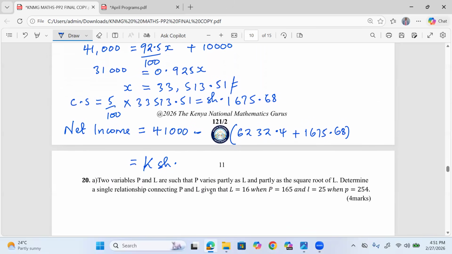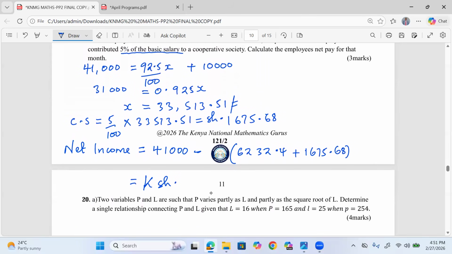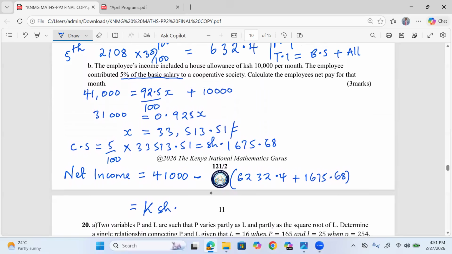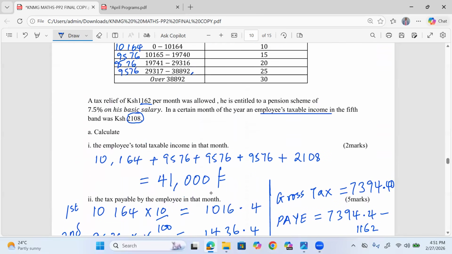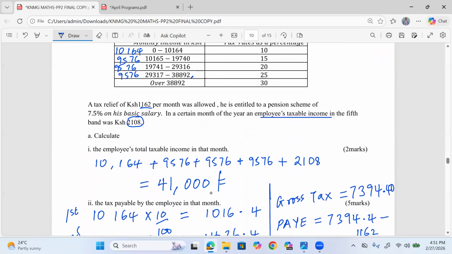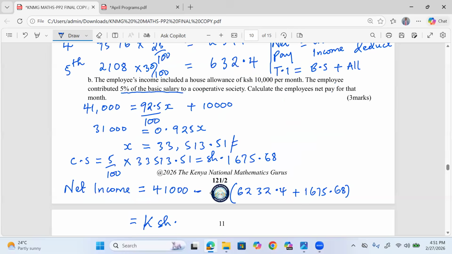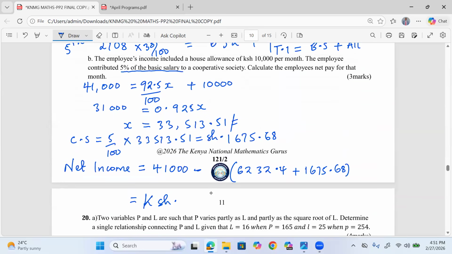Remember, we said pension is not in there. It is not contained in the taxable income. So that is why we excluded it.